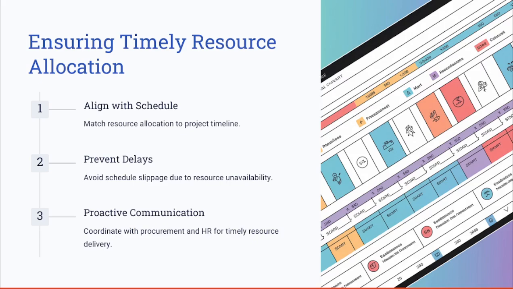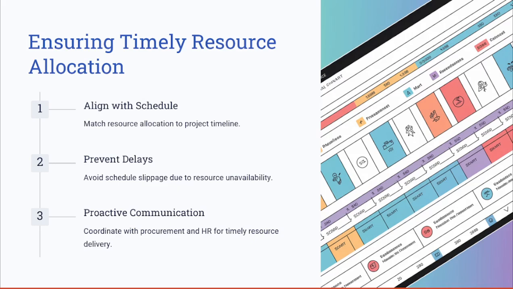So proactive communication with procurement, integrating all of these plans, and considering the best case scenario and the worst case scenario, along with proactive communication with different teams, helps in mitigating such risks in relation to the resources.